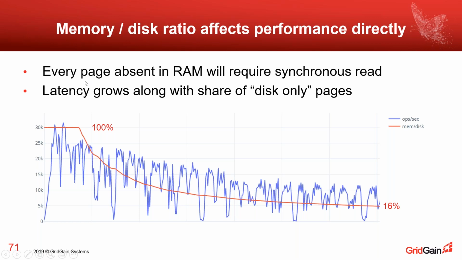There's a near linear dependency between memory/disk ratio and operations per second ratio. That means that if you are planning a production deployment, you also have to estimate your memory/disk ratio before going to production. This will help you to estimate the throughput and latency that your system will be able to handle.